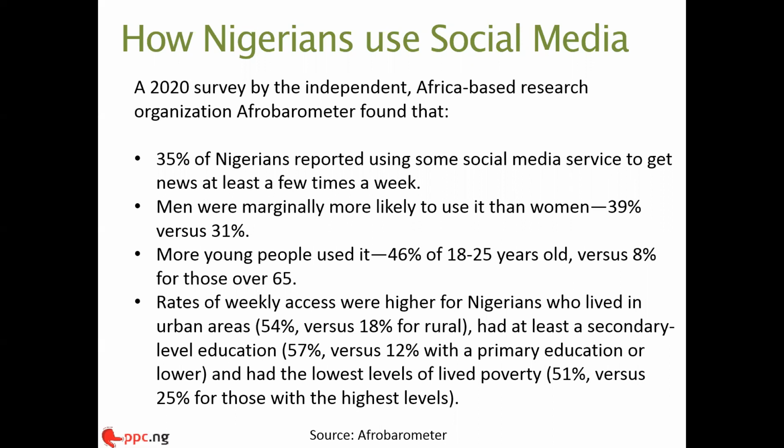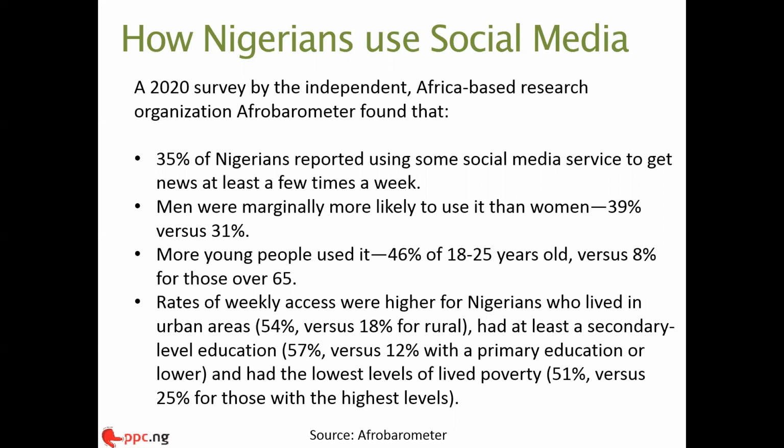So rates of weekly access were higher for Nigerians who lived in urban areas. Yes, of course, urban areas have high penetration, faster internet, and a lot of infrastructure there. So compared to 54% and 18% for rural. So 54% for urban areas, then 18% for rural. So right now, they can no longer have access to Twitter.